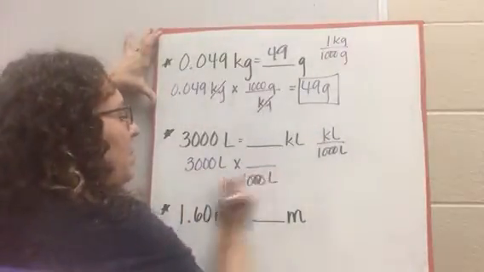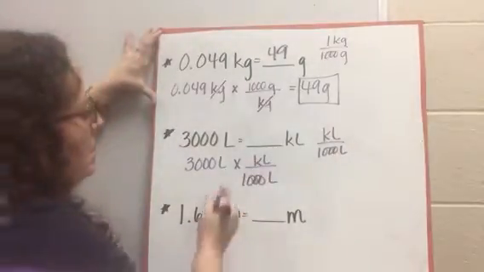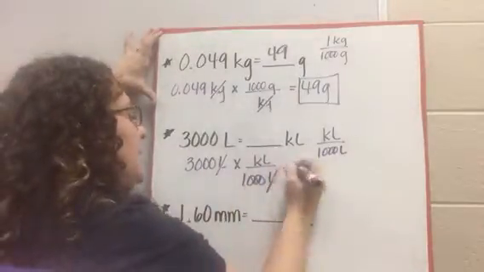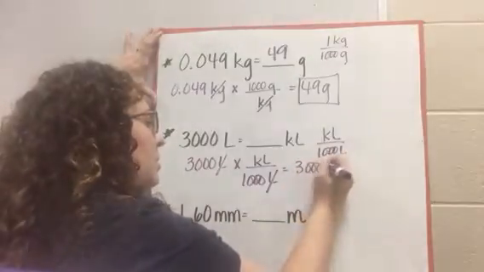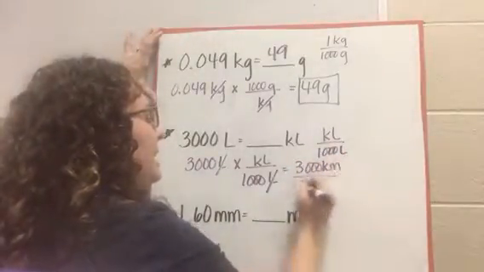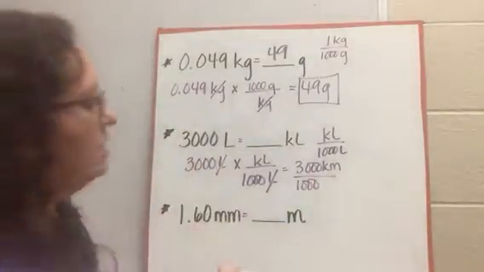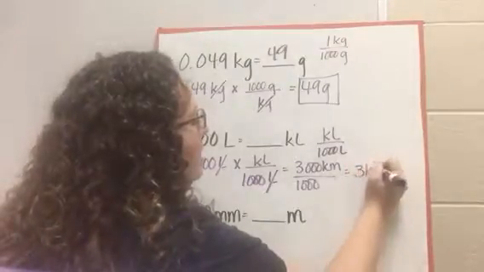So this time, my 1,000 is at the bottom and my kiloliters is up the top. So my liters are going to cancel out, so I'm left with kiloliters. And what you're going to do is multiply the top, 3,000 liters, divided by 1,000. We got rid of the liters, so it's just divided by 1,000. And so 3,000 divided by 1,000 is going to be 3 kiloliters.